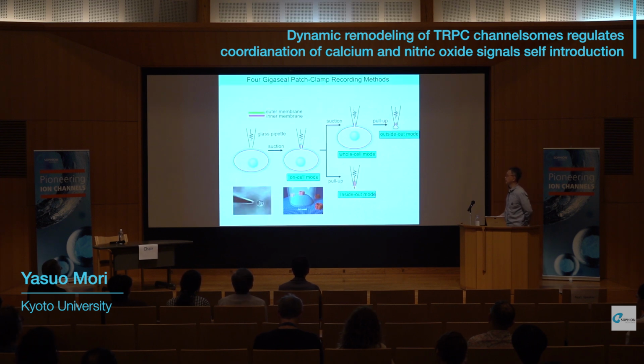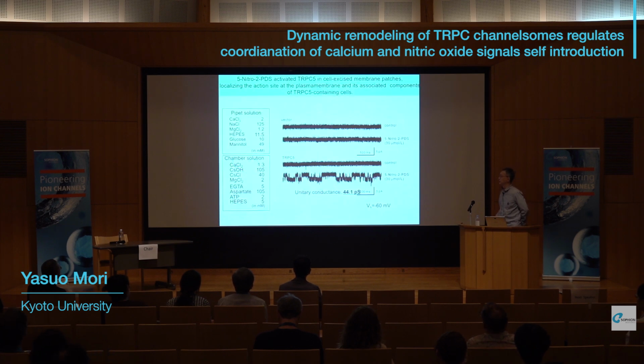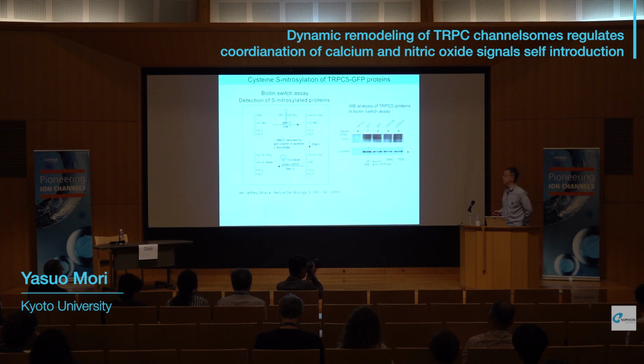Also in the inside-out mode patch clamp method, in the patch excised from TRPC5 expressing cells, another reactive disulfide, 5-nitro-2-PDS, was able to induce very nice unitary currents like this, but this was never observed in vector transfected negative control cells.